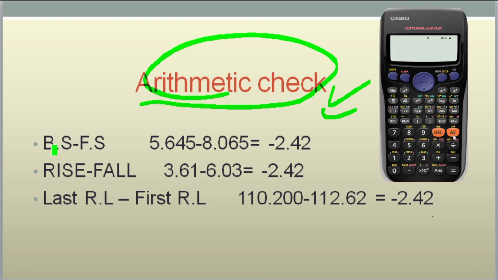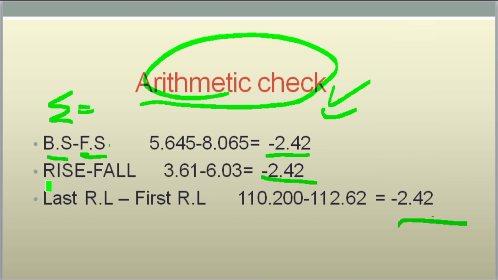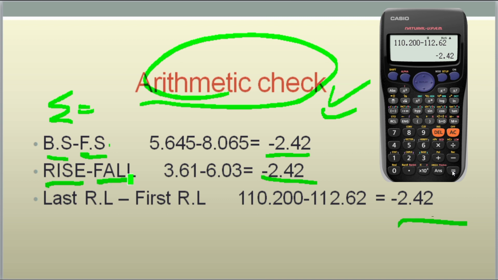In our arithmetic check, if we subtract the forward side from the back side, the summation of the back side minus the summation of the forward side should be equal to the summation of the rise subtracted with the fall, and again it should be equal to the last reduced level minus the first reduced level.